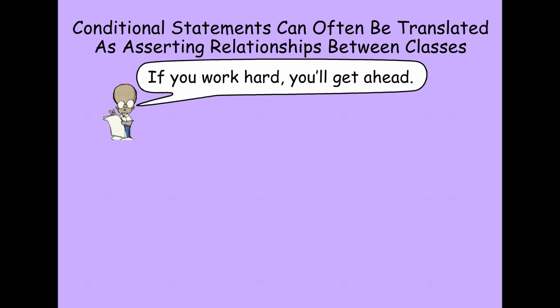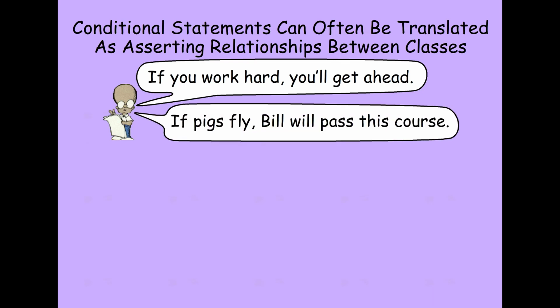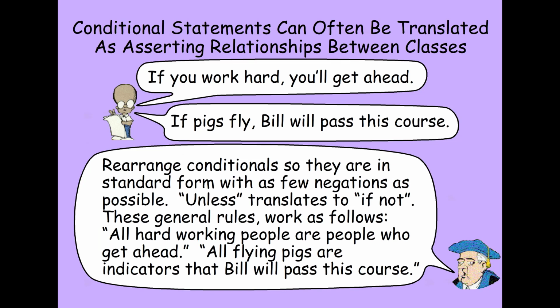So for instance, suppose I say, if you work hard, you'll get ahead. Or I say, if pigs fly, Bill will pass this course. In both cases, I can identify the antecedent of these conditionals and the consequent of these conditionals. And so then I can translate these sentences by using my universal affirmative quantifier, followed by a term that picks out a class of things that describes the antecedent clause, followed by my standard form copula that's consistent with the quantifier, followed by a predicate term that picks out a class of things consistent with the consequent clause.